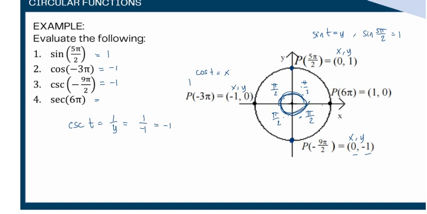So it goes back here to 6 pi, which is 1, 0. And again, our secant t is in terms of our x. So secant t is equal to 1 divided by x, which is 1 divided by our x value here, which is 1. So therefore, secant 6 pi is just 1. Okay? So that's how you evaluate our pi and pi over 2 multiples.